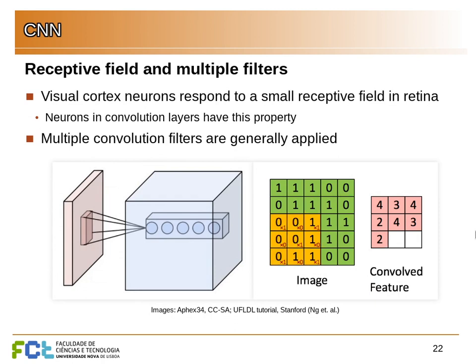These are called receptive fields, the area where each neuron is receiving inputs from at each time, as an analogy with the neurons in the brain, in the visual cortex, that receive information from some neurons in the retina. And what we are doing here is, suppose that we have these weights in our kernel that are marked here in red, so 1, 0, 1, and so on.